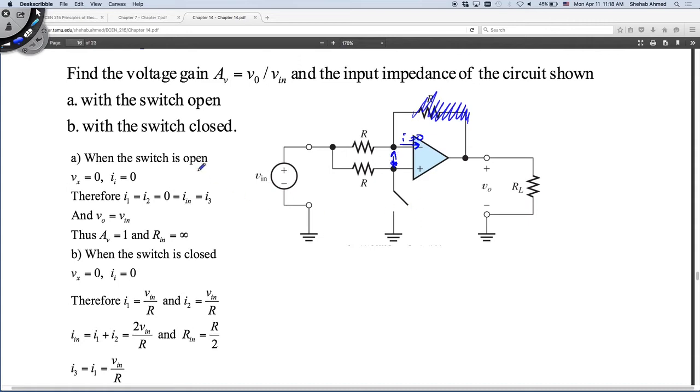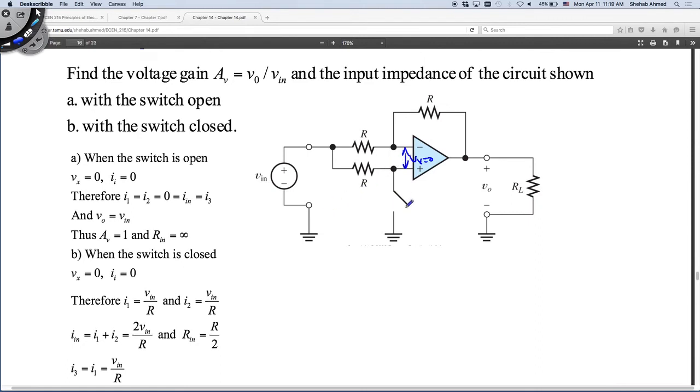Switch is open. Okay? So if Vx is equal to 0, what does that mean? It means that I can take a loop here. If the switch is open, I can take a loop where? This voltage difference is 0. Then how about taking a loop here?